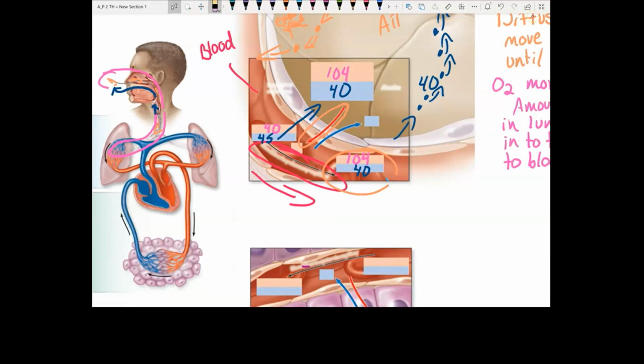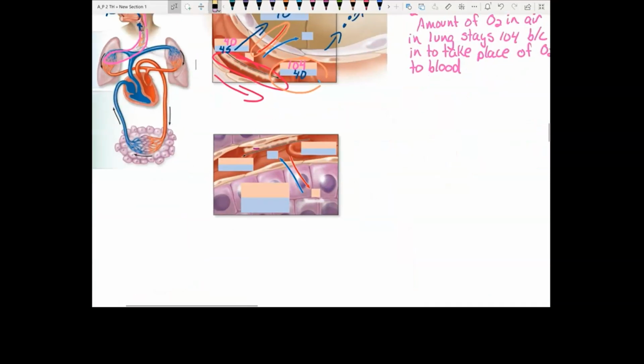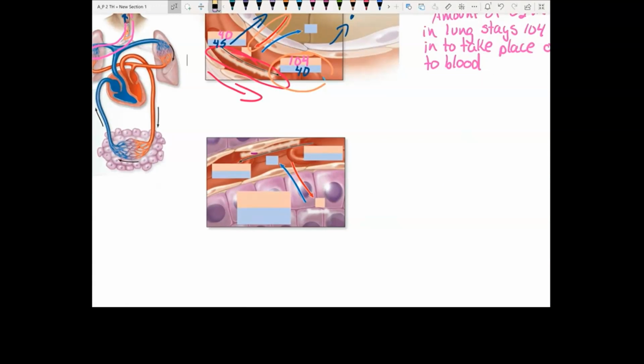Now let's look at what happens once you get out to the cells. In this picture, we have your cells. So this is systemic. And here is the direction of blood flow. It's going this way. So where we left off here, this blood comes down here. Now, one thing that is going to be different is the oxygen here is 95 instead of 104. So we have something to figure out.